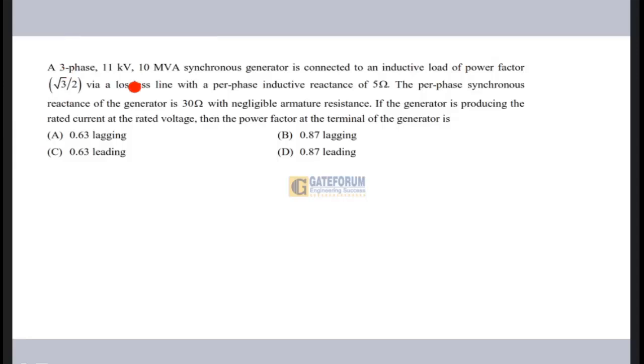via a lossless line with per phase inductive reactance of 5 ohm. The per phase synchronous reactance of the generator is 30 ohm with a negligible armature resistance. So armature resistance is negligible.